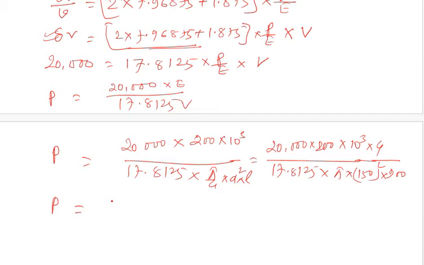That value is 14 point. So we got the value of P, that is 14.12, correct, Newton per mm square.